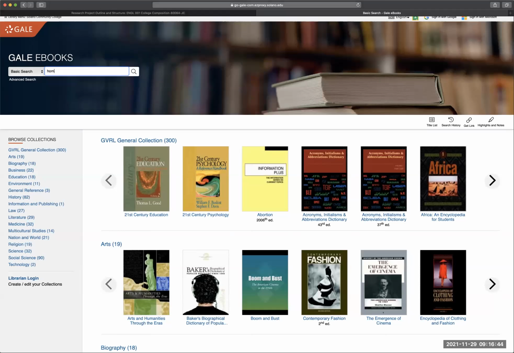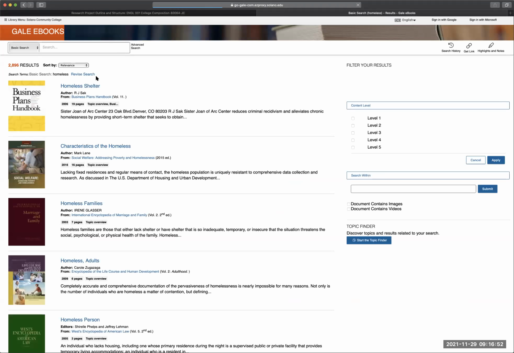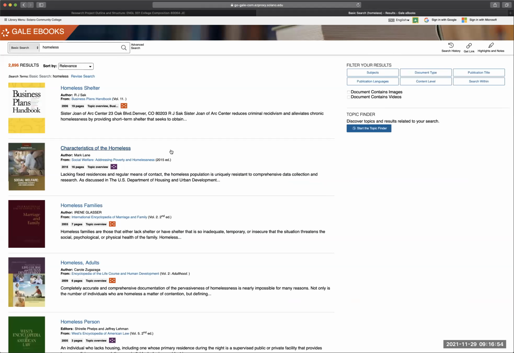So for example, if I start to do a search in here for homelessness, it gives a quick little overview. Maybe one of these ideas that I want to focus on specifically is looking at families. Maybe that's the community I'm establishing, right?